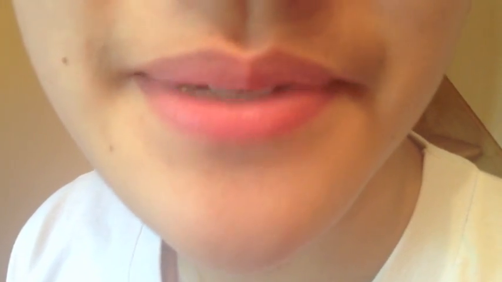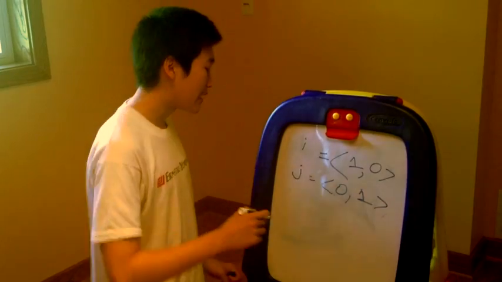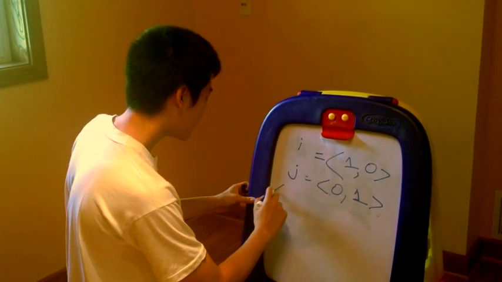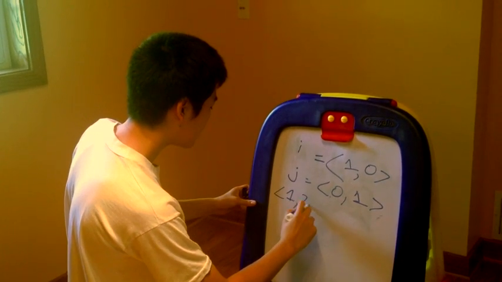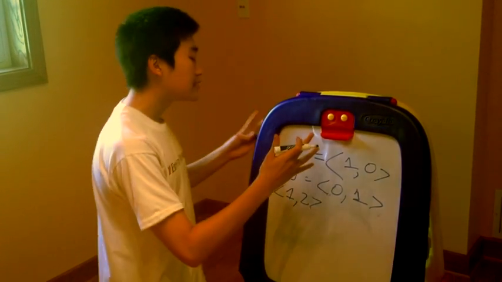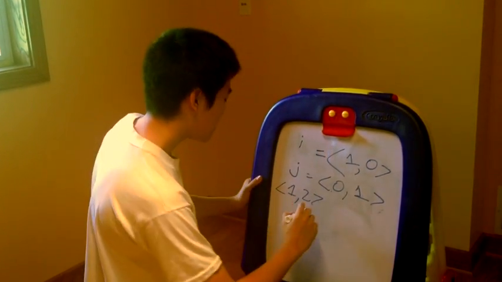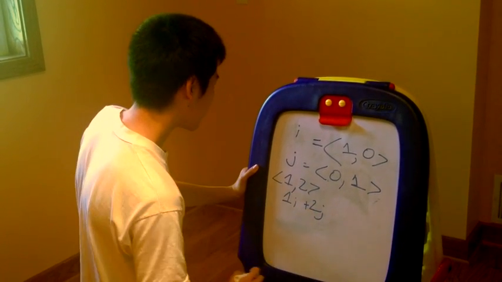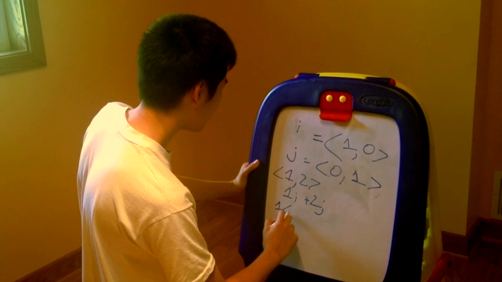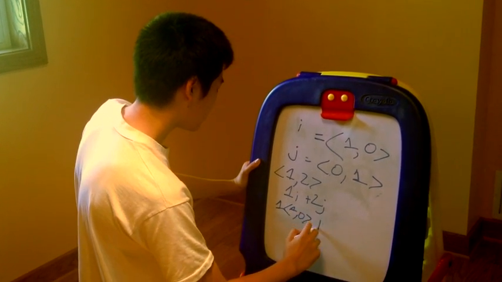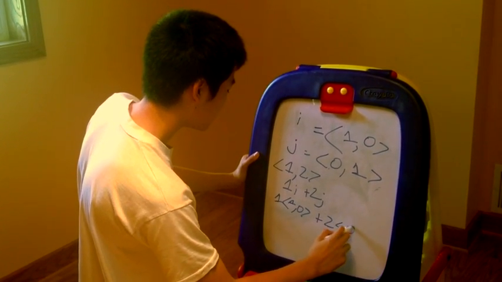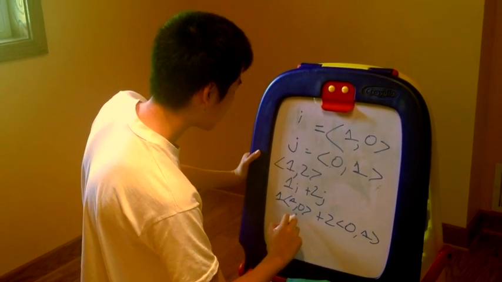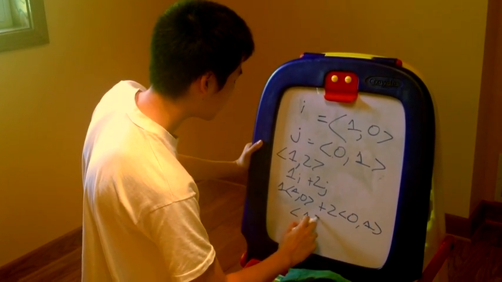Now we're going to talk about standard unit vectors. Write our vector V, which is 1, 2. In standard unit vectors, it would be 1i plus 2j, because that equals 1, 0 plus 0, 2, which equals 1, 2.